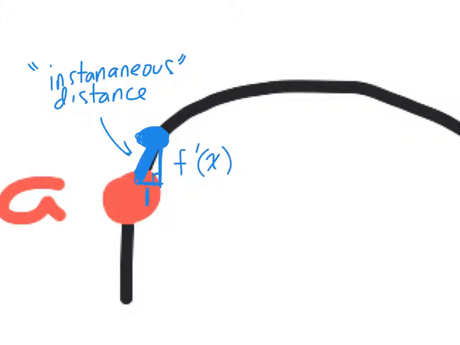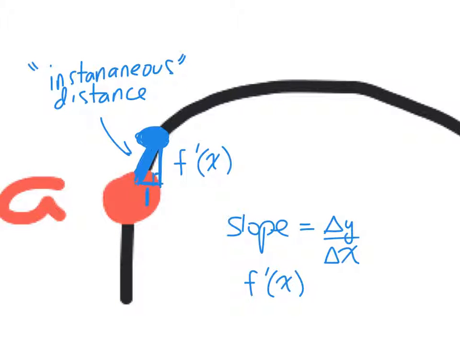And that's because slope is equal to change in y over change in x. If I tell you that the slope is equal to f prime of x, I could make a fraction out of this. F prime of x over 1 would correspond to change in y over change in x. So I'm making my vertical change f prime of x, my horizontal change 1.